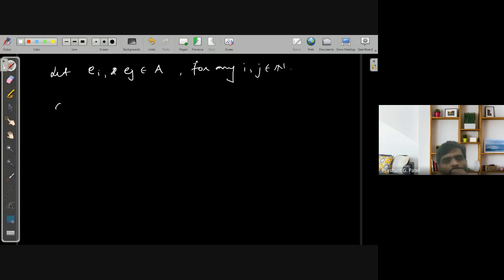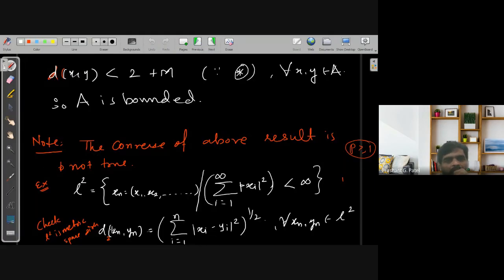Then what will be the distance between e_i and e_j? As I told you, the metric I have to use is summation i running from 1 to infinity of mod of x_i minus y_i whole square, raised to 1 by 2.